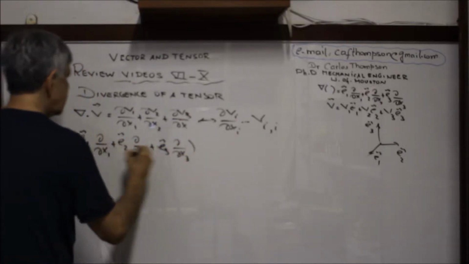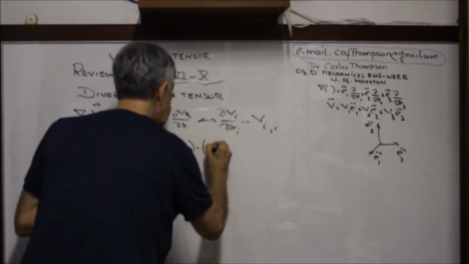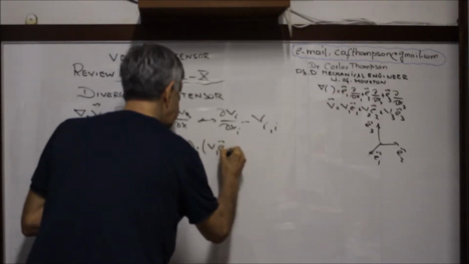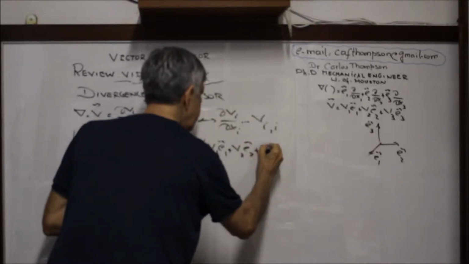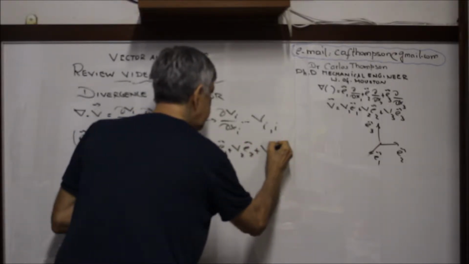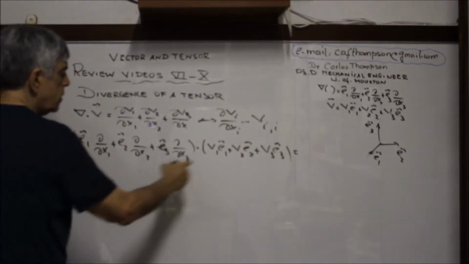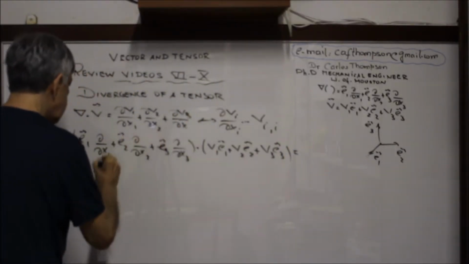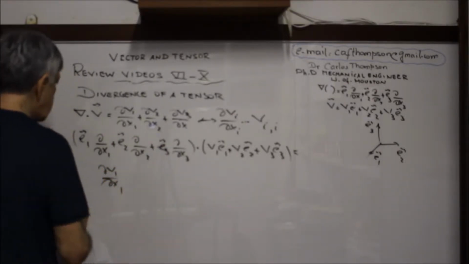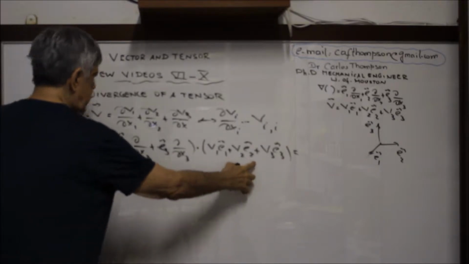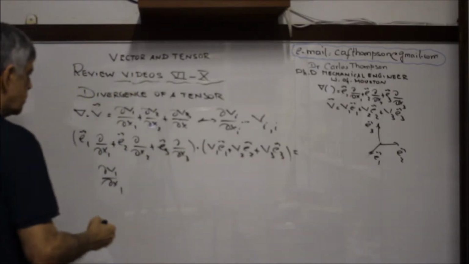Now this dot v, you see, this is v, so v1 e1 plus v2 e2 plus v3 e3. So this is equal, see, e1 dot e1 is 1, so here is partial of v1 with respect to x1. e1 dot e2 is 0, e1 dot e3 is also 0.